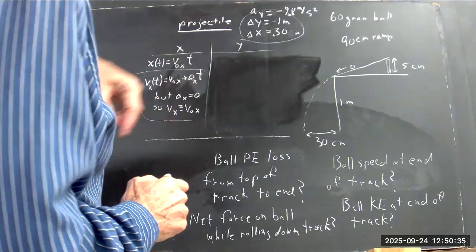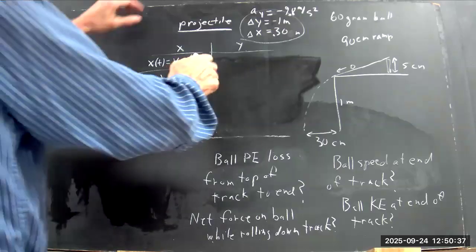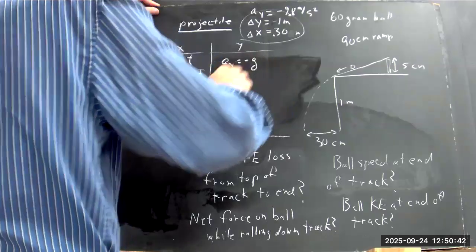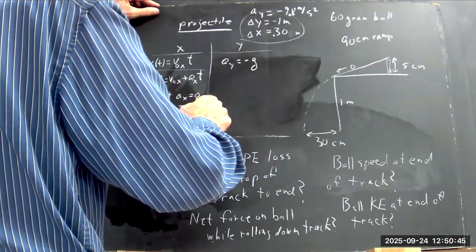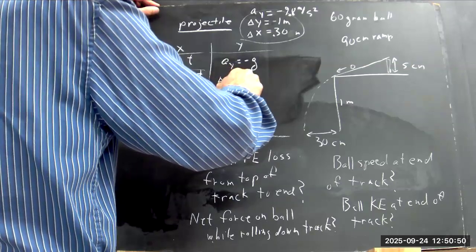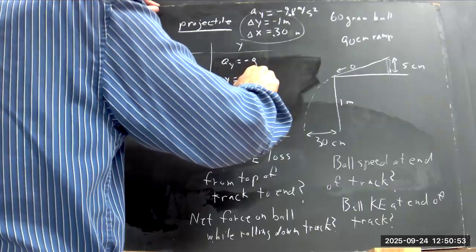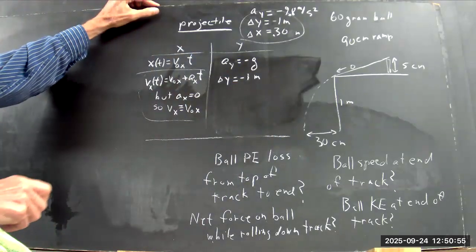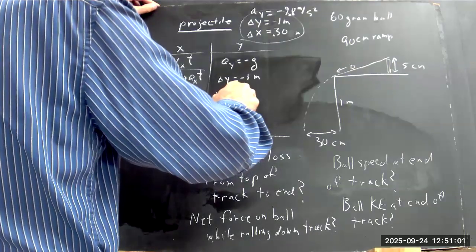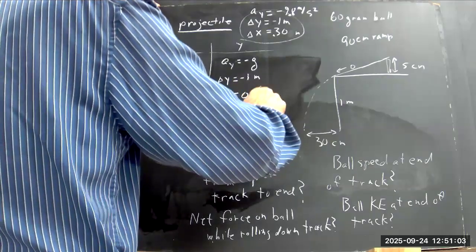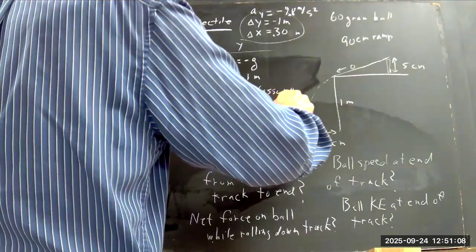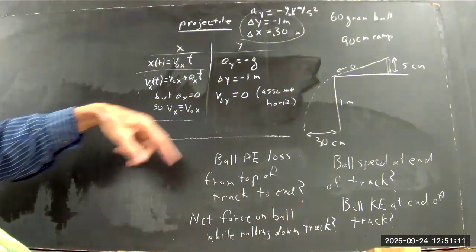What can we do from this? Again, in the y direction, we know that ay equals -g. And we know that delta y equals -1 meter. We also know that the initial y velocity is 0, because we get to assume that initially the thing is moving horizontally.